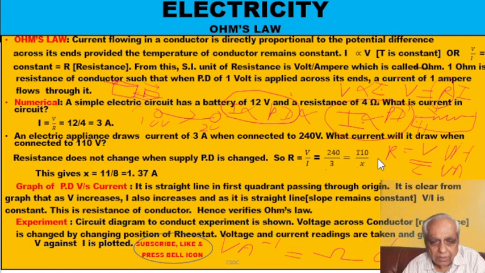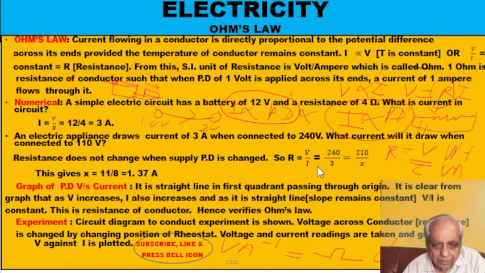So how can I define that? I can say that 1 ohm is resistance of a conductor when we apply a potential difference of 1 volt across its ends and a current of 1 ampere flows, because R is equal to V upon I, isn't it?